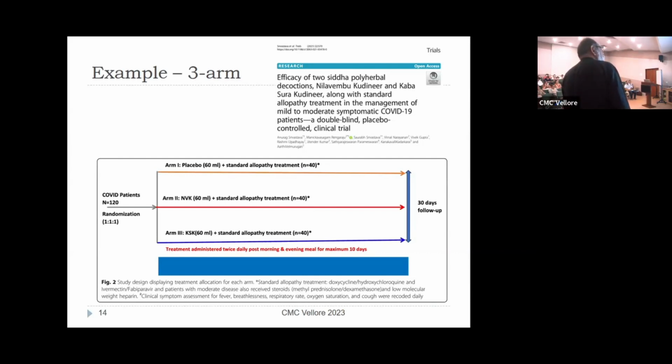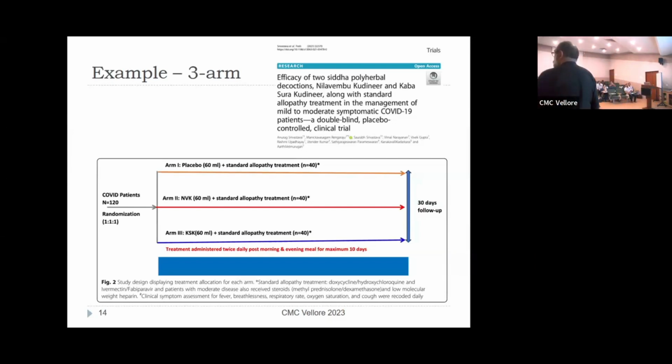Now they had this polyherbal decoction, Nilavembu Kudanir, and then Kaba Sura Kudanir, added to the standard allopathy one. So the standard of care would be the standard allopathy, and now they're trying to see what happens. So again, now we have 3 arms, parallel, and we see what happens.